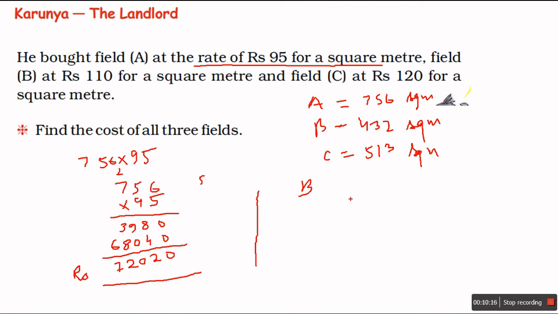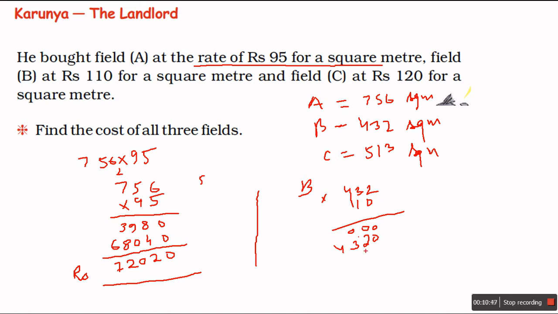For field B, the rate of field B is 110 per square meter, multiplied with 432. Okay, so 0, 0, 0. When I multiply with 10, I will put 0, and because I multiply 2 with 1, so 2, 3, 4.